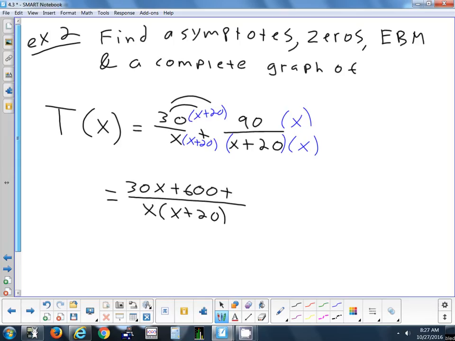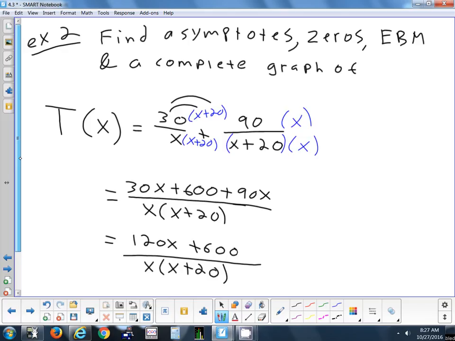And my second numerator? 90x. All right, so now we'll combine it together. Then we'll have a version where everything is combined, and we still have the original where it was separate. Maybe we could use the original for some stuff, but at least we have a combined one if we need it. So 120x plus 600 over x times x plus 20.